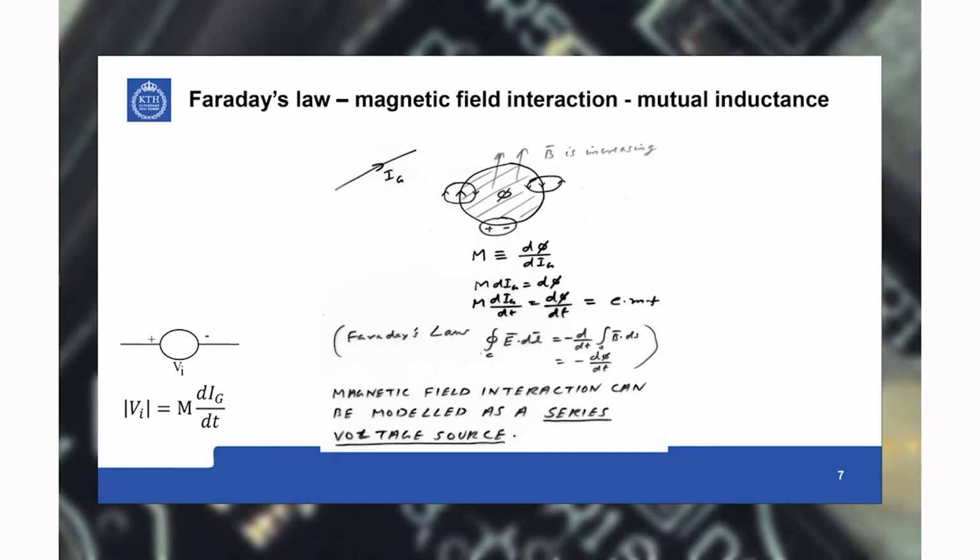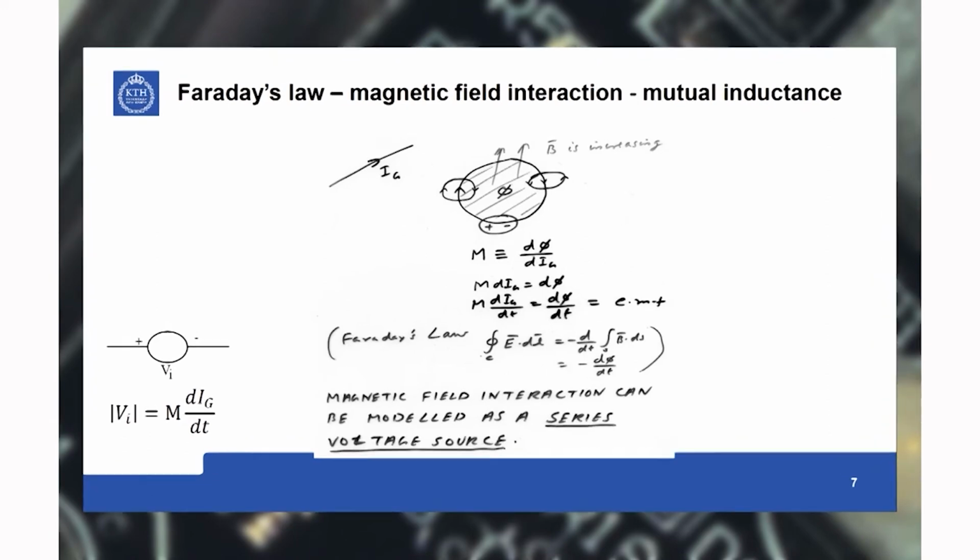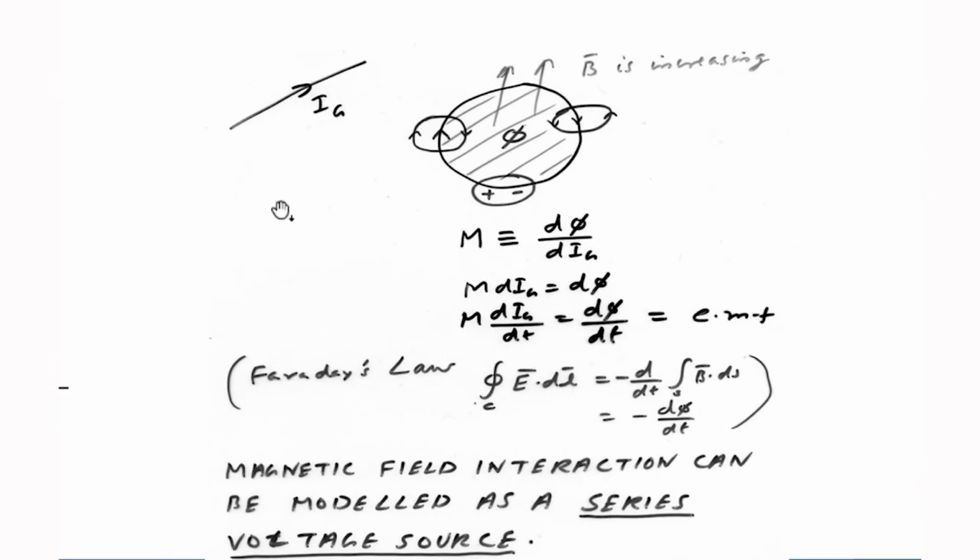Now this is an illustration connecting Faraday's law or magnetic field interaction with mutual inductance that you are familiar with in circuit theory. Now imagine some sort of a current somewhere in space.